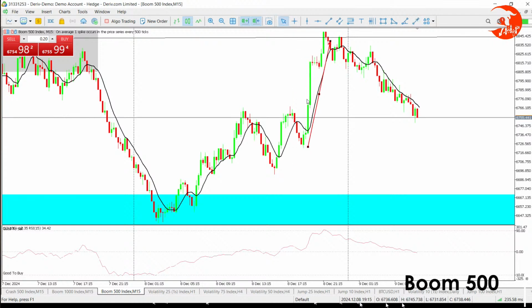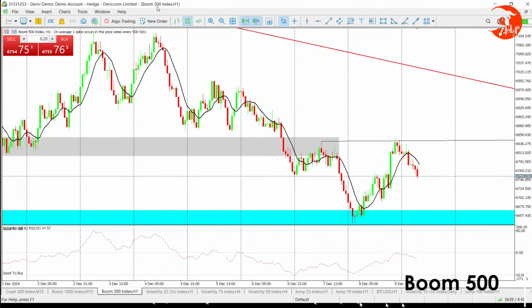Look at that momentum on those candles, and look at the sell candle momentum there. It's very small, so we can say that sellers are getting done. So very soon we'll be looking for buys.